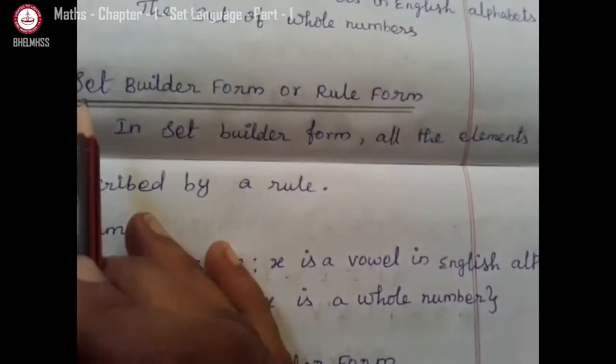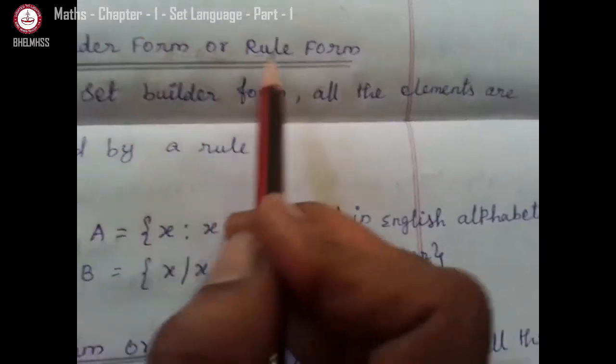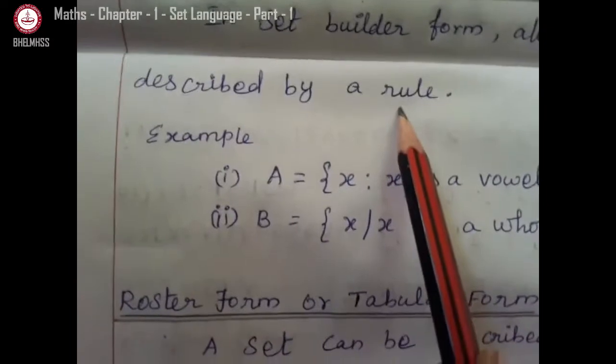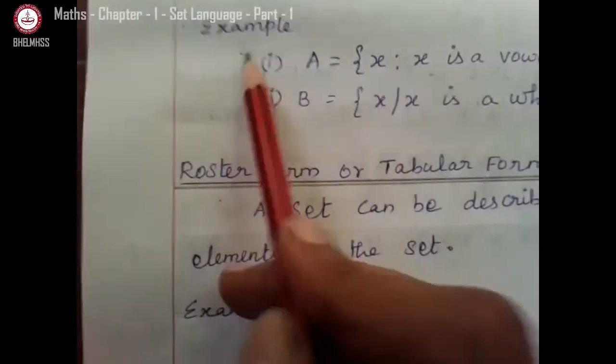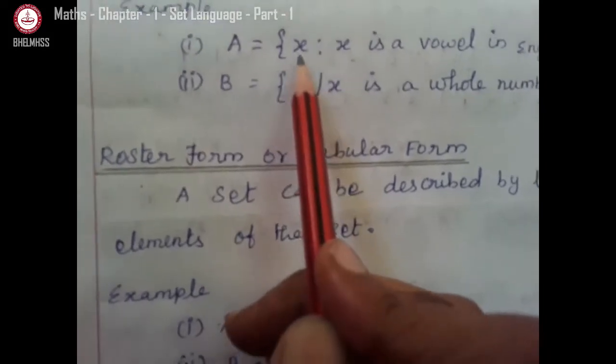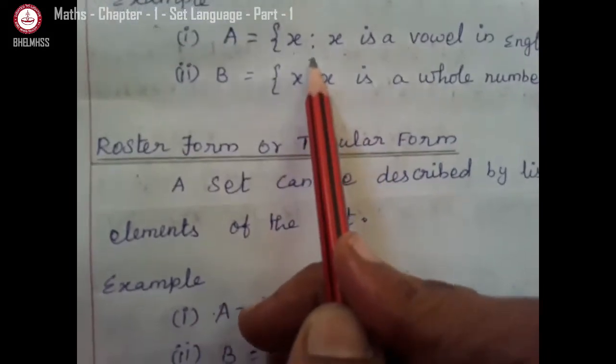Next type, set builder form or rule form. In set builder form, all the elements are described by a rule. Example, A equal to, you write the curly bracket, x such that or whereas.